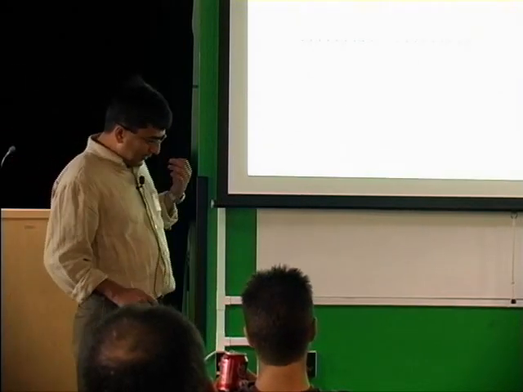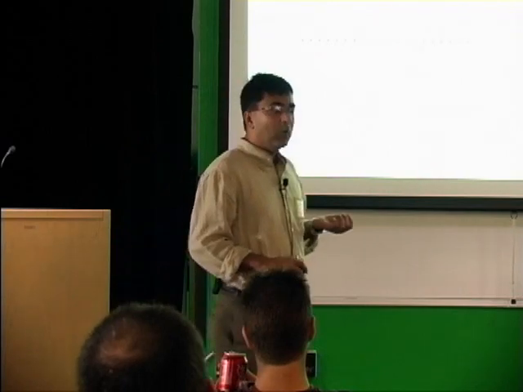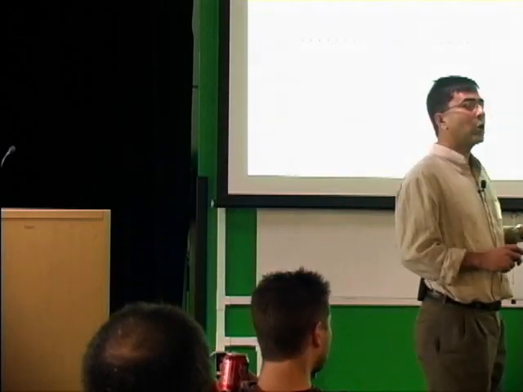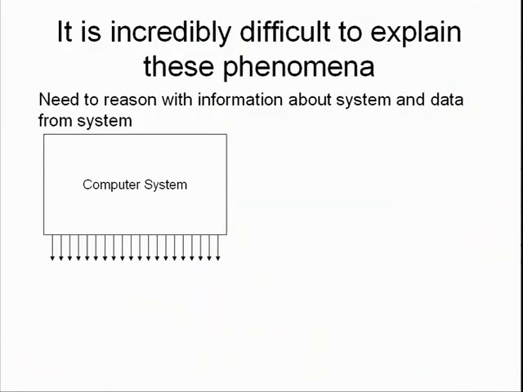Now, in the past, when I have talked about these phenomena, I've talked about, you move code or data and it hits some barrier and it interacts poorly with it. But I haven't told you what barrier it hits. And it actually turns out that to figure that out is incredibly difficult. We have figured a few of those things out, but in general, it is incredibly difficult.